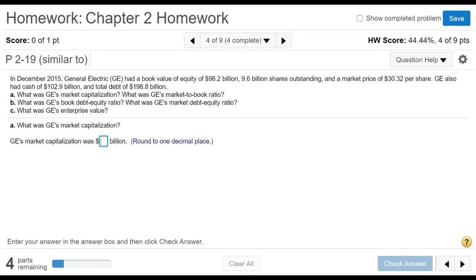How much? 291.1. So 291.1? One decimal place. Oh yeah, so 0.1, I guess. 0.1.